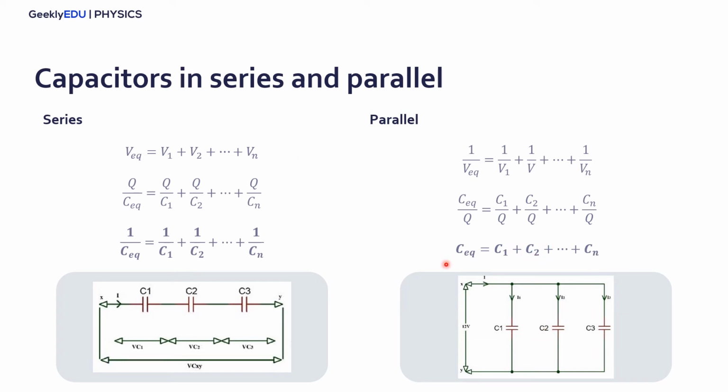So remember, it's always kind of the opposite of the tension. Calculating the tension in series is the same as calculating the capacitance in a parallel circuit, alright? And the same for series and parallel, but now with the tension here and the capacitance here, okay?